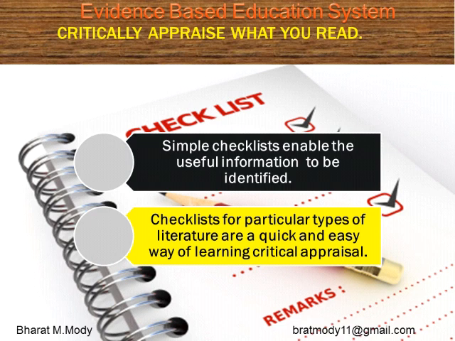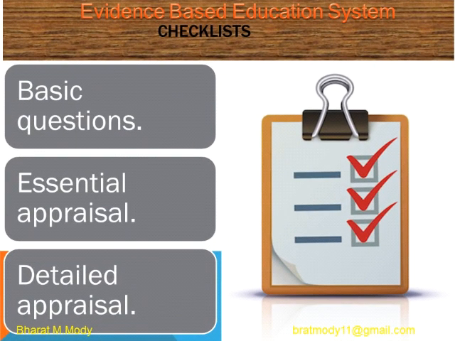So you just keep on ticking and writing into the boxes which have been given, and then you will be able to really judge it better. You could have your own scoring system also for each and everything, so that your critical appraisal would depend not only on what is written on the checklist, but your scoring of each of those points.